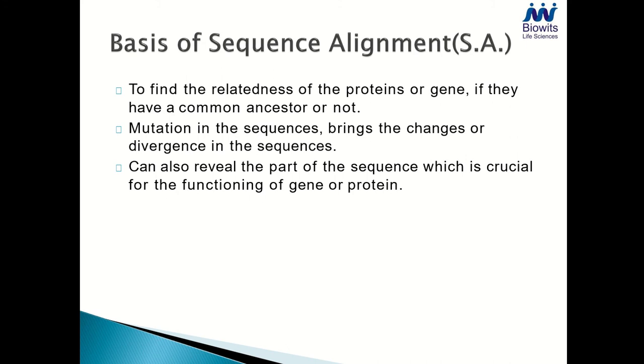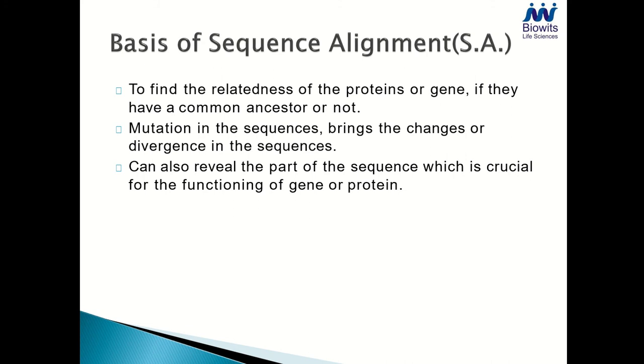Another one is we want also to know if there is mutation in that particular sequence, because we know that mutation brings the changes or divergence in the sequences. And we can also reveal the part of the sequence which is crucial for the functioning of the gene or protein.